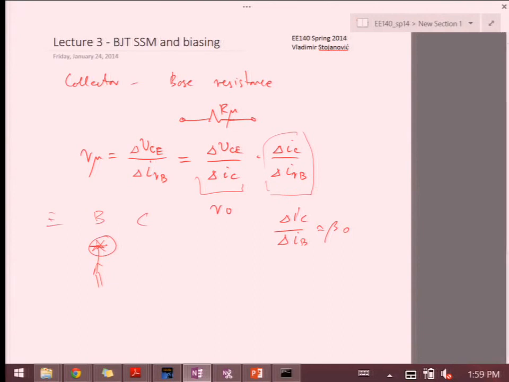It's not the collector, it's reverse biased, so it's not going to let you go there. Where is it easy to slide? You can't go in the reverse bias because there's a potential barrier. But on the other side, what is on the other side?